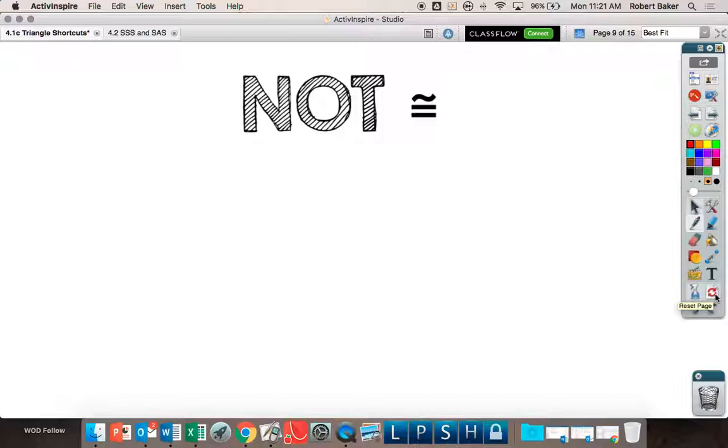Okay. Here we go. This is a hard one to prove. Okay, right here. So this is a scalene triangle. It has side measurements of 3, 5, 9, and it has a 60-degree angle right here.